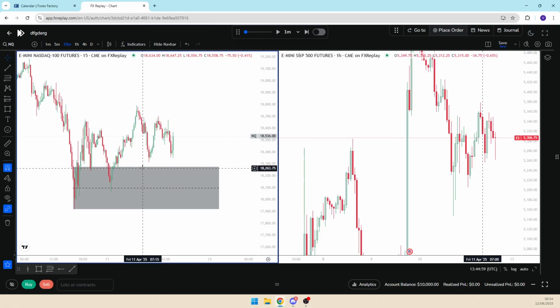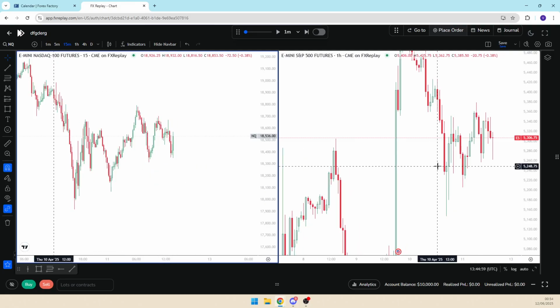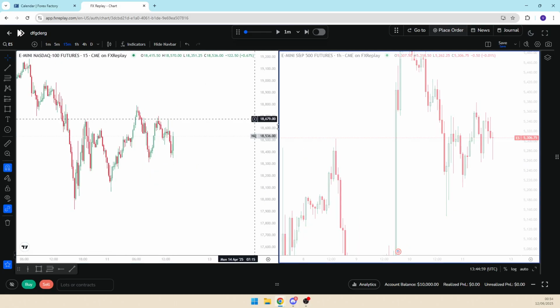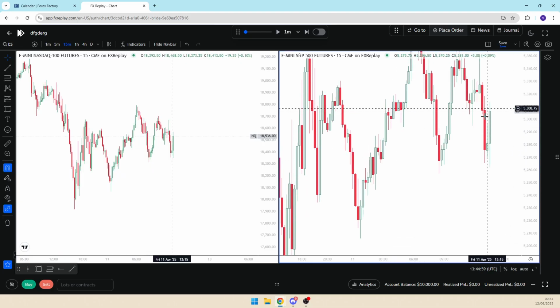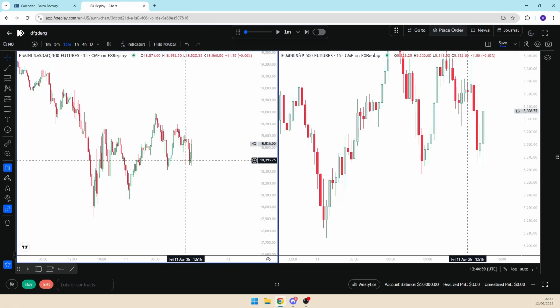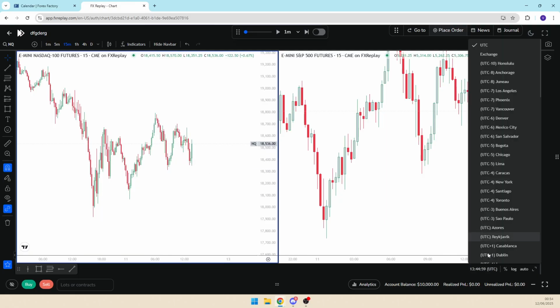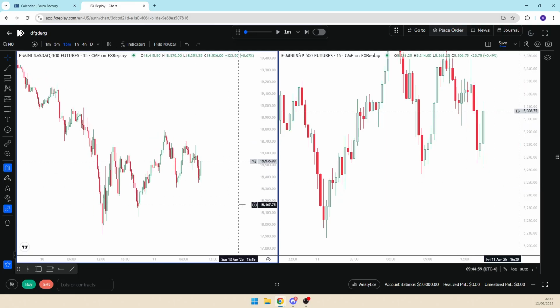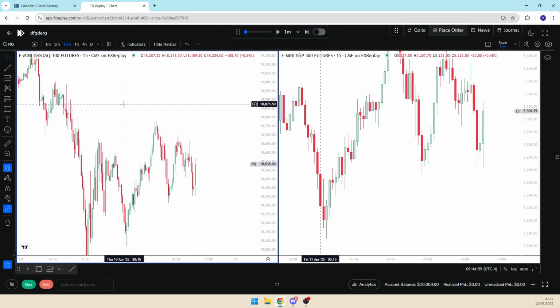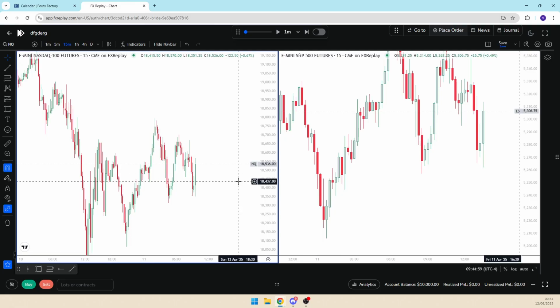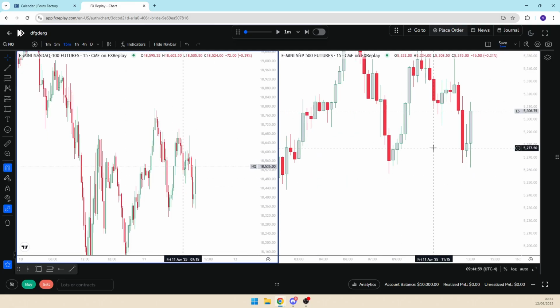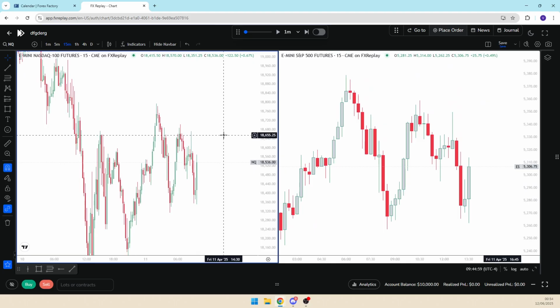I want to see what price is telling me on the low time frame, because the low time frame could be telling me something else, that it could be going lower right now. So, what did price do on the 15-minute time frame?